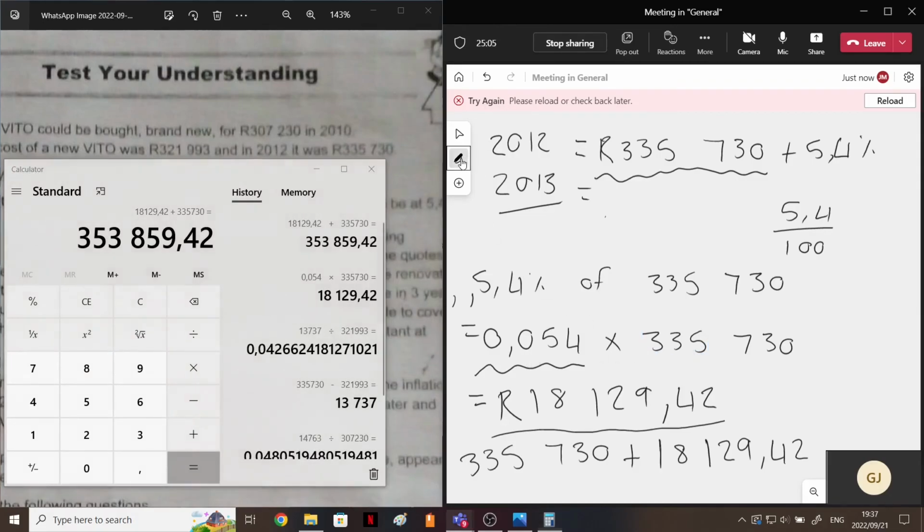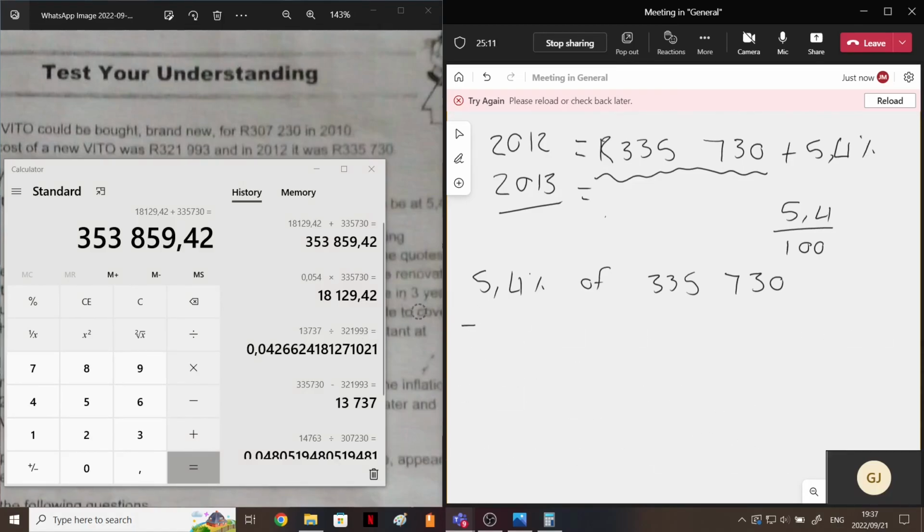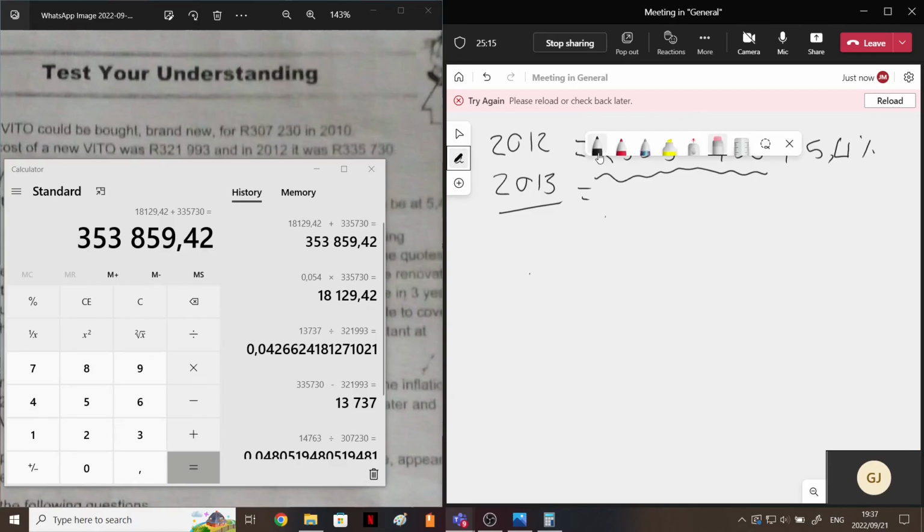And you'll see that the new cost for this Mercedes Vito in 2013 is now 353,859 Rand and 42 cents.